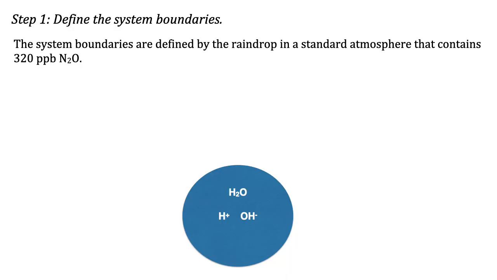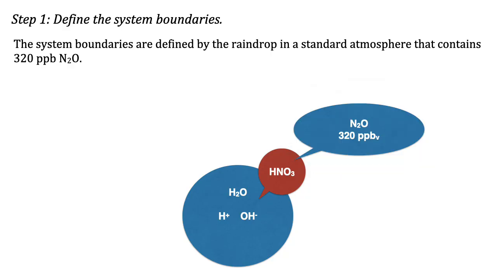In this case, the maximum concentration in the atmosphere that's been measured recently is about 320 parts per billion by volume nitrogen oxide. That nitrogen oxide is going to form nitric acid in solution. The nitric acid is going to dissociate as a strong acid and form nitrate in solution, NO3.